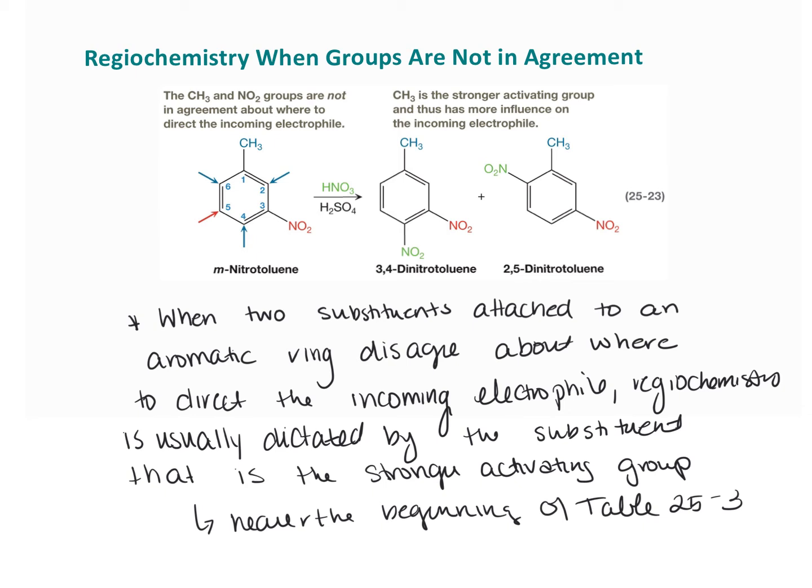Okay, so like I was saying, CH3 is a stronger activating group, and so it's going to have more influence on the incoming electrophile. And so what you're going to see here is substitution at these two places. That's where the NO2 comes in, and this is where the NO2 comes in. What you're going to notice is there's no substitution here due to steric hindrance.